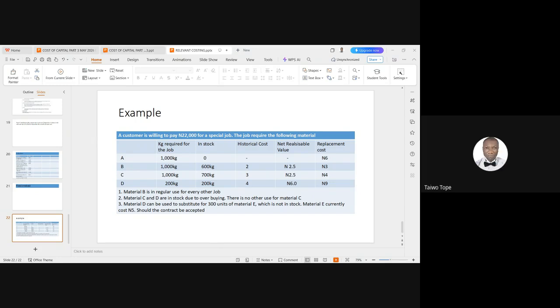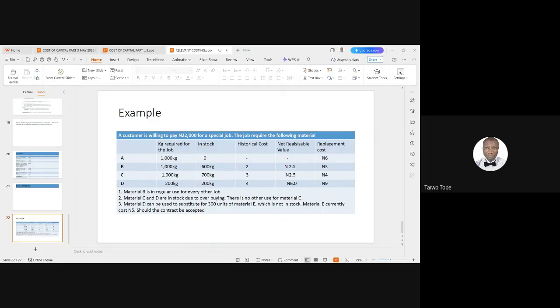There are two options. Material D, if we decide not to use it in this particular contract, what will happen to the 200 kg? It can be a substitute for material E, right?